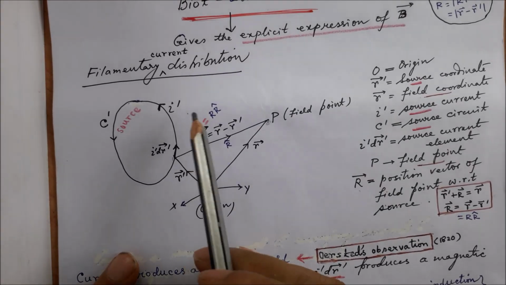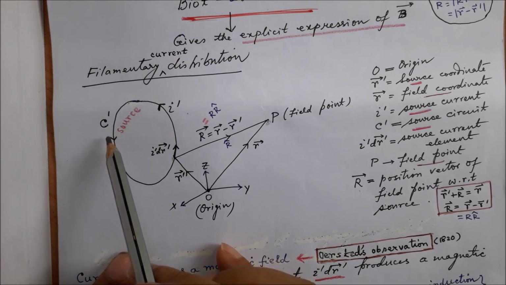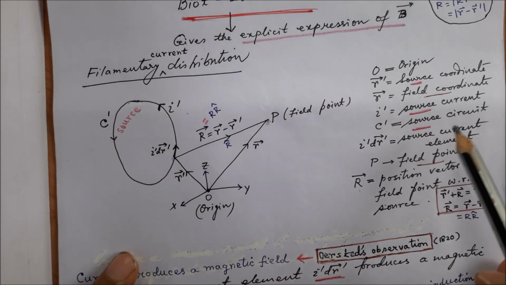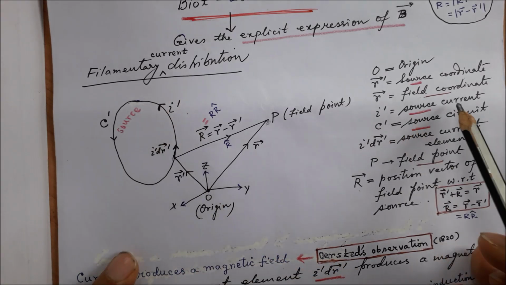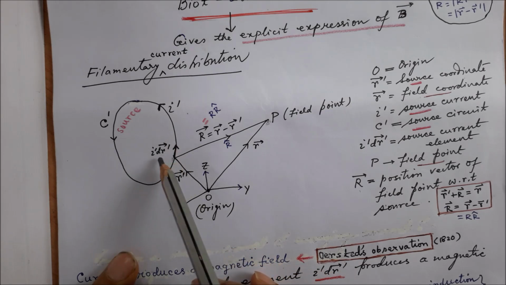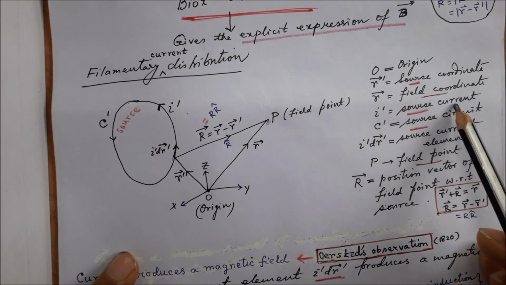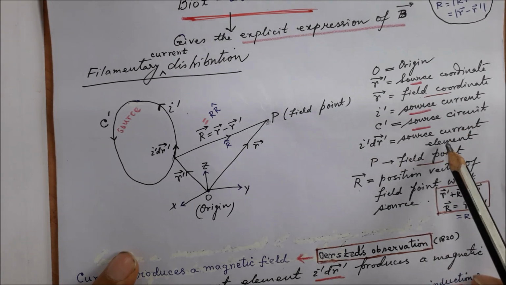Let us first consider a filamentary current distribution as shown in the diagram. C prime is the source circuit carrying current I prime, which is the source current, an element of which is I prime dr prime, the source current element.